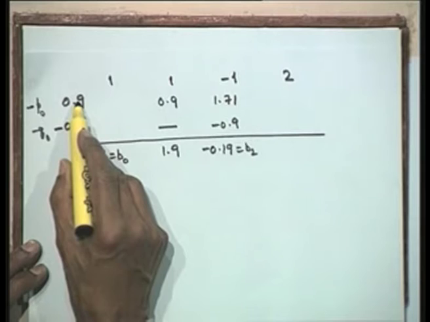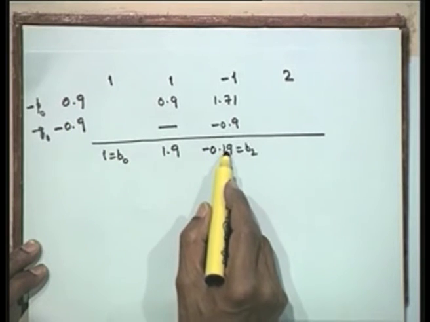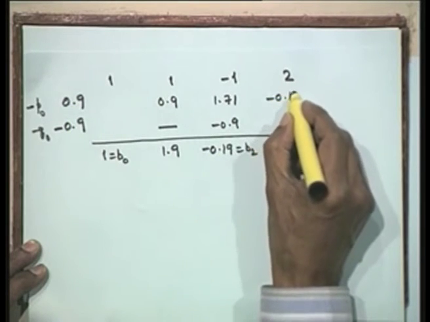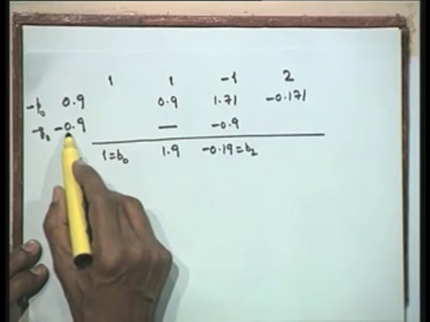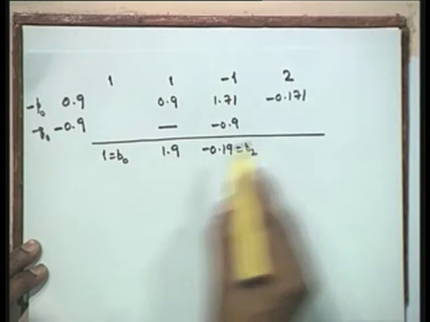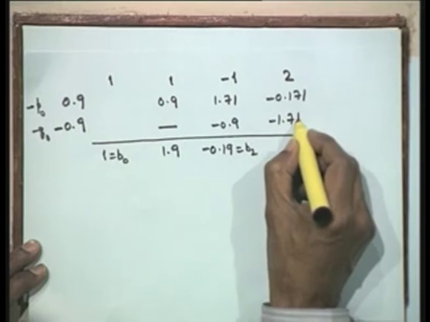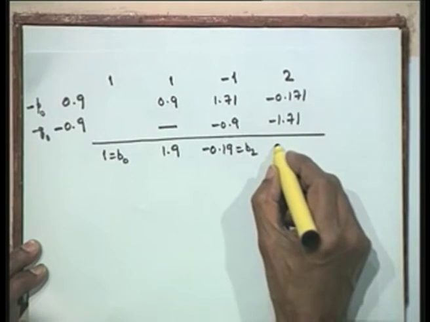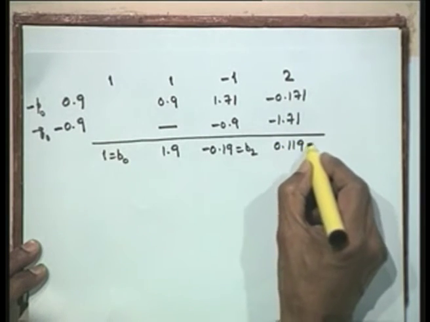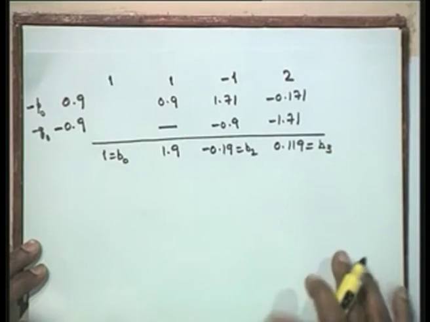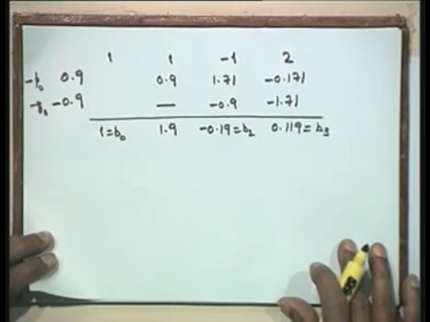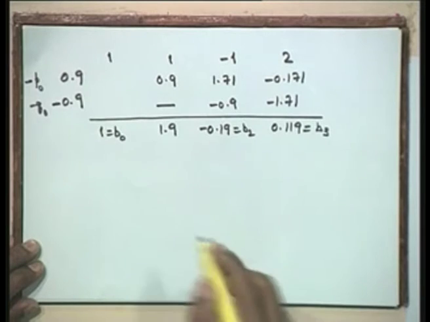Then I multiply 0.9 with the current 0.19, that is 0.171, and I multiply minus 0.9 into 1.9, that is minus 1.71. We add, and we get 0.119, that is equal to b3. So, the first step of the synthetic division procedure is complete.